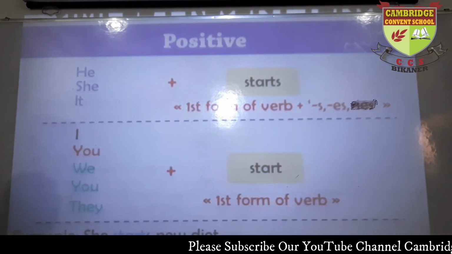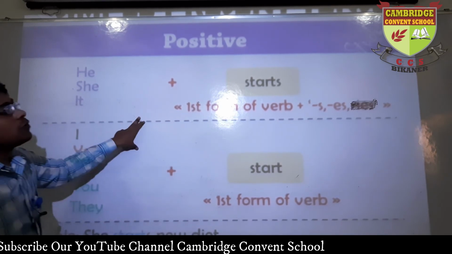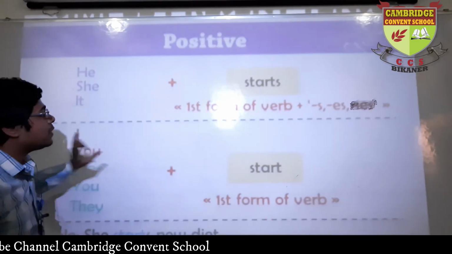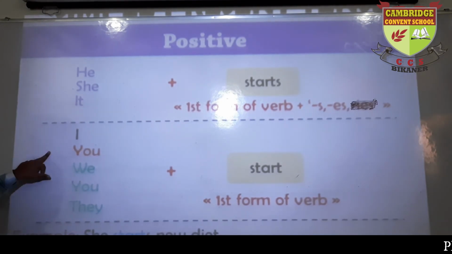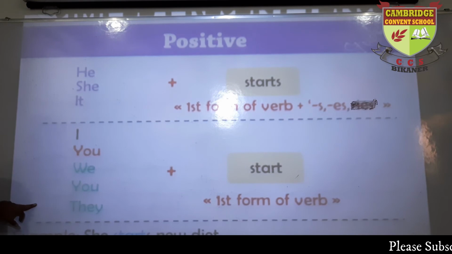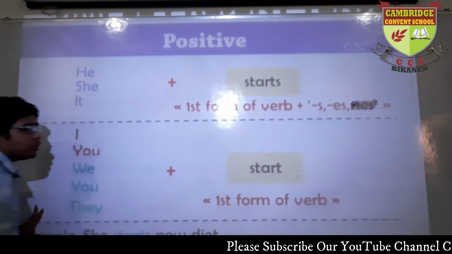With the plural subject like you, we, they, all kinds of subjective case, we use the first form of the verb only.